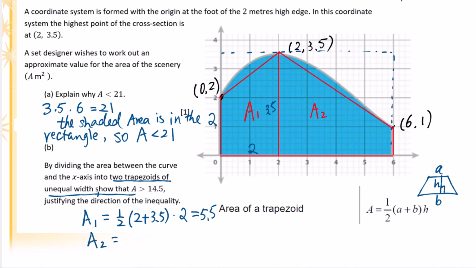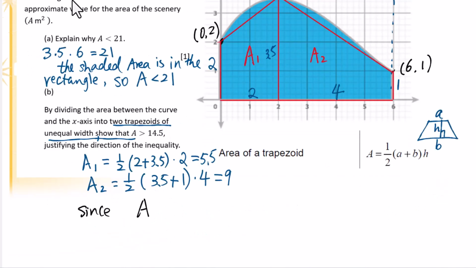For the second trapezoid, the base here is 1. The height is 6 minus 2, which is 4. So we get 1/2 times (3.5 + 1) times 4 equals 9.